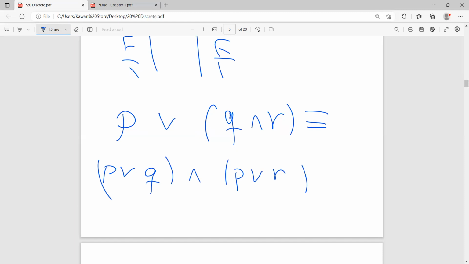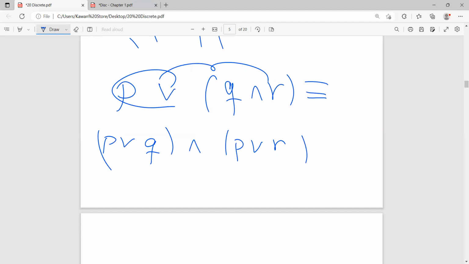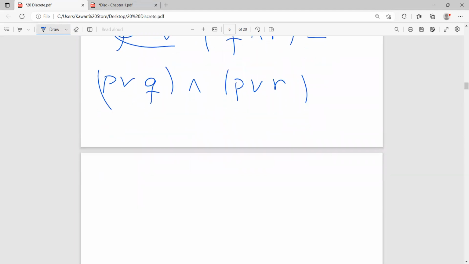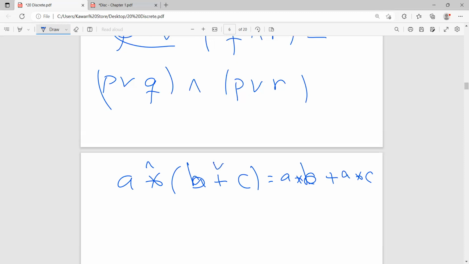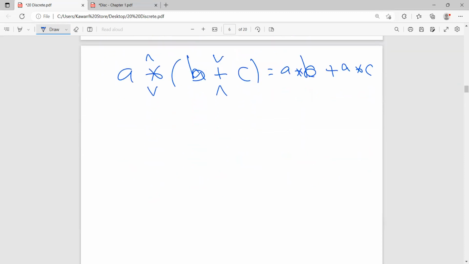We call that one distribution. Distribute it to here and there. For example, if you forget how to do it, just think about multiplication: if I have A times (B plus C), I'll get A times B plus A times C. Am I right? So change that one to and, or change that one to or, and so on. What do you mean by that? Now you know what I mean.